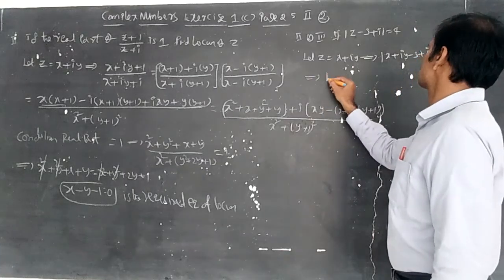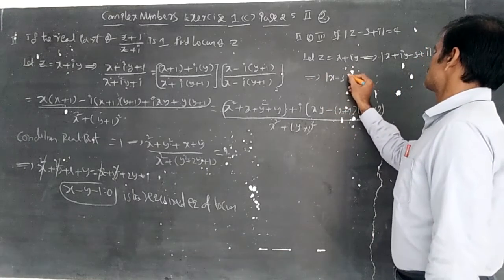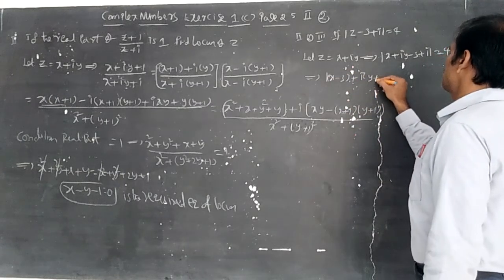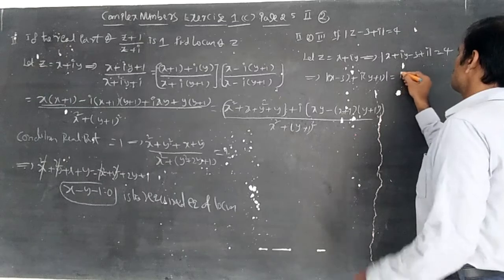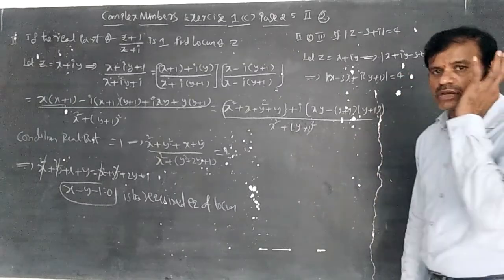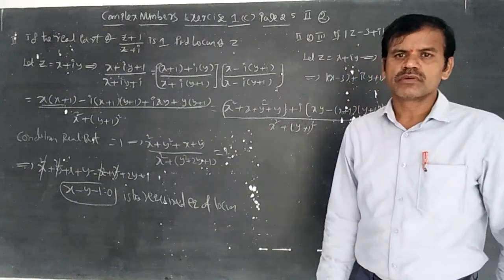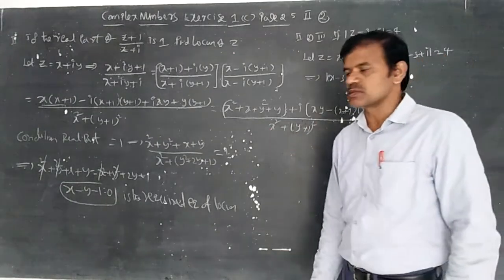That implies x minus 3 is the real part, plus i taken common, y plus 1, is equal to 4. Modulus of a complex number means square root of the real component square plus the imaginary component square.